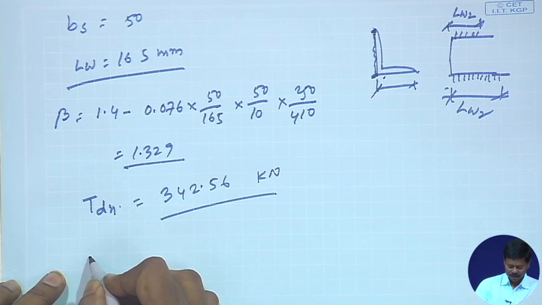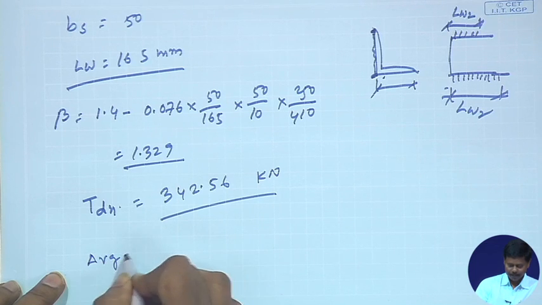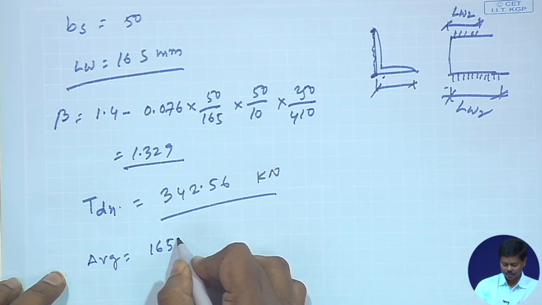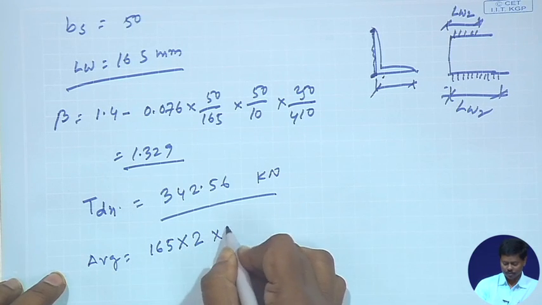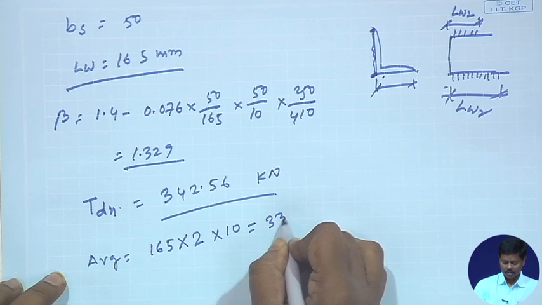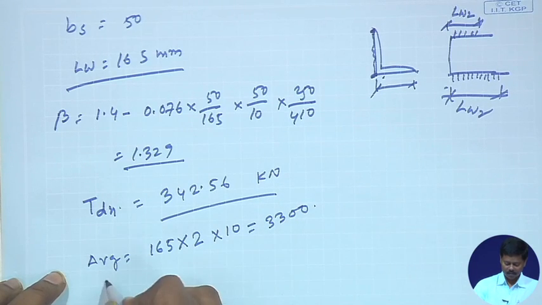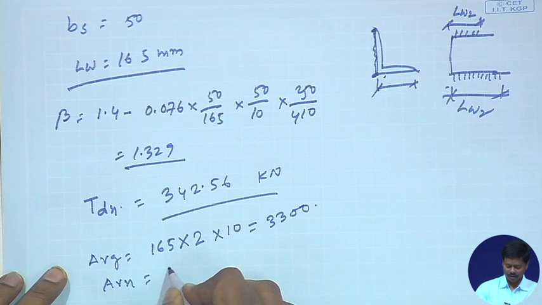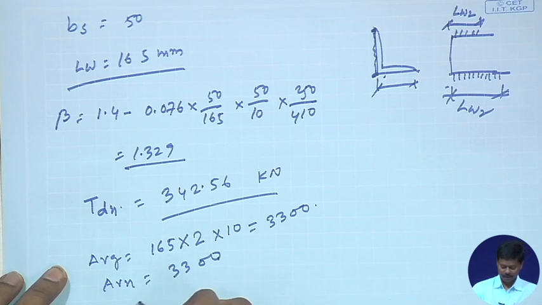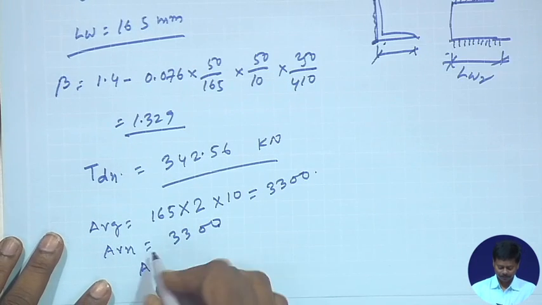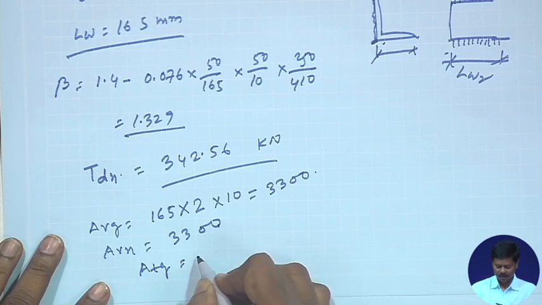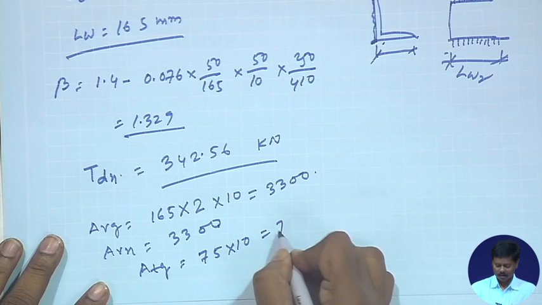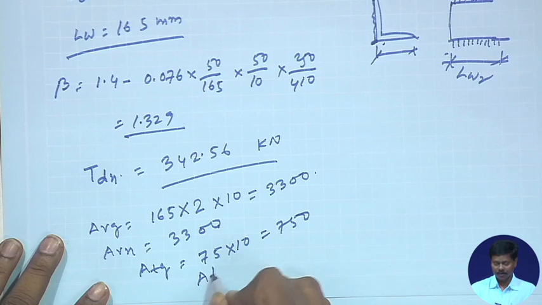Next, I will go to strength due to block shear. Okay. So, for block shear failure, I have to find out AVG. AVG will be, average length we have considered 165, so 165 into 2 into 10, right. AVN also will be equal to AVG, because there is no hole. Similarly, ATG value will be 75 into 10 and this is 750, and ATN value also will be the same.